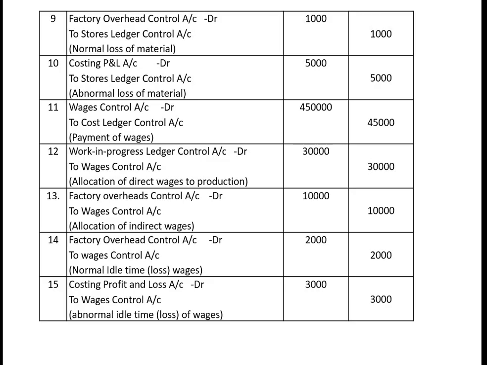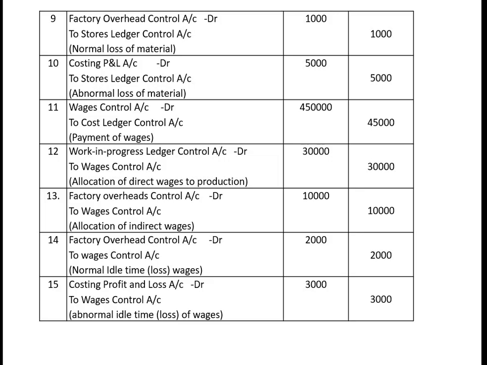Then there is abnormal idle time. For abnormal idle time, we will not increase our total cost of production due to any loss of abnormal reason. So it will be directly charged to costing P&L account. So costing P&L account debit to wages control account. Now you can total all these four entries, entry number 12, 13, 14 and 15.